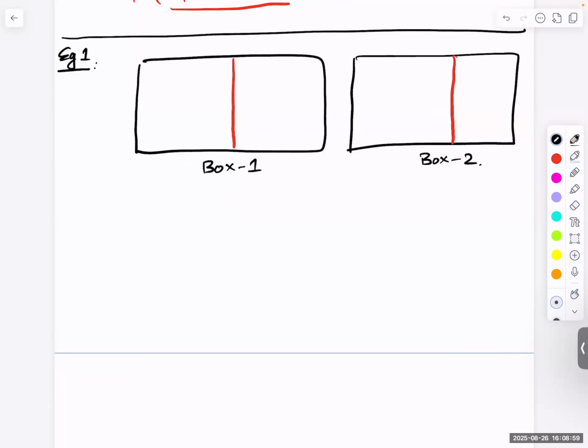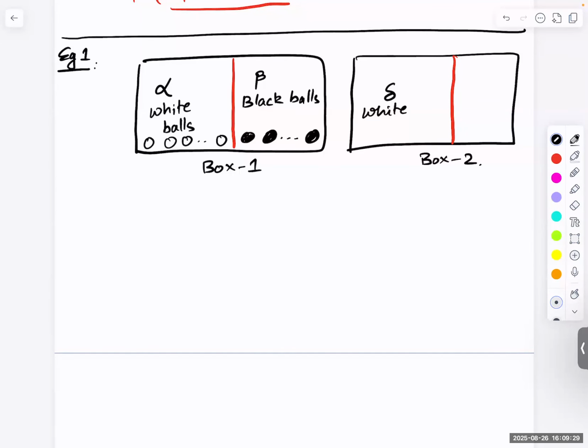This box has alpha white balls in it, and it also has beta black balls in it. Similarly, box 2 has delta white and gamma black balls. Alpha, beta, delta, gamma are some arbitrary integers.